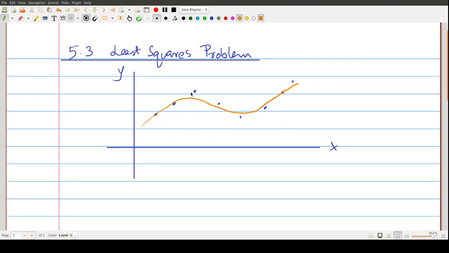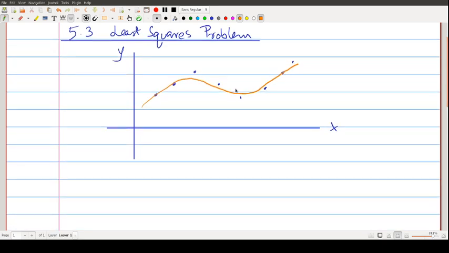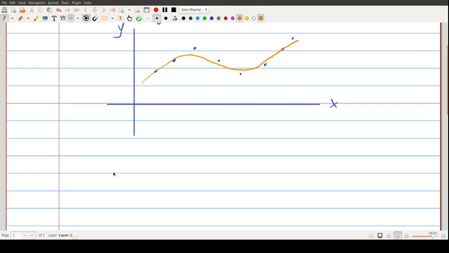So the idea is to find a curve of this sort that fits this equation. Now, let's suppose this is perhaps a degree 3 curve or a degree 2 curve. Let's say I want to fit a curve. So let's say I want some curve y equals a naught plus a1 x plus a2 x squared plus a3 x cubed, right?